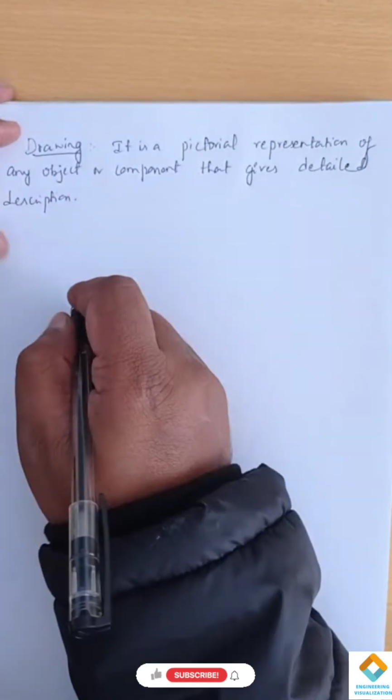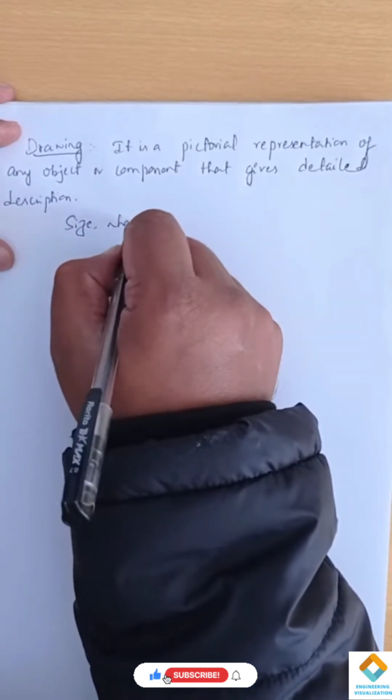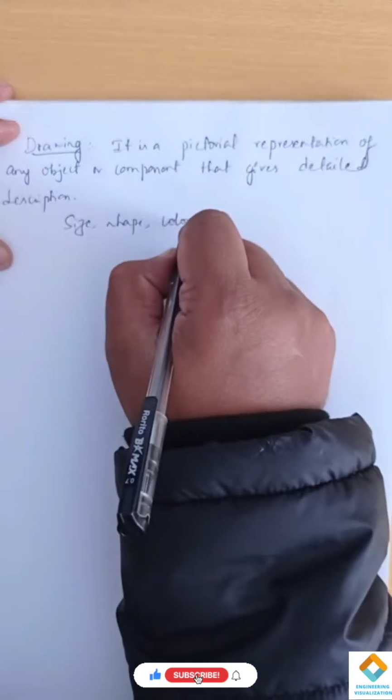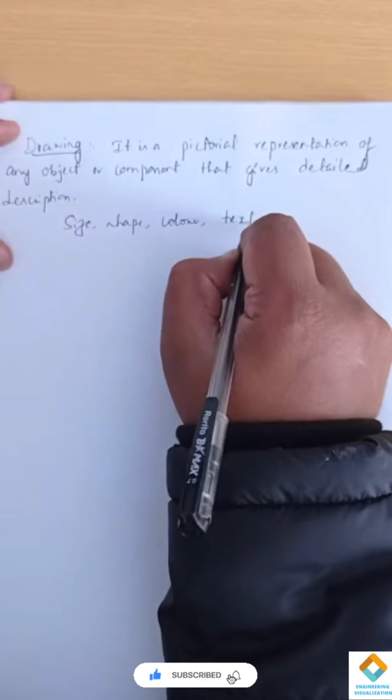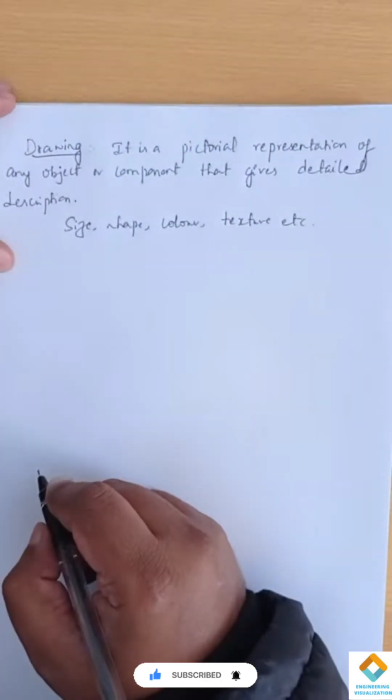The detailed description means the size, shape, color, texture, etc. All these things we are able to get from the drawing.